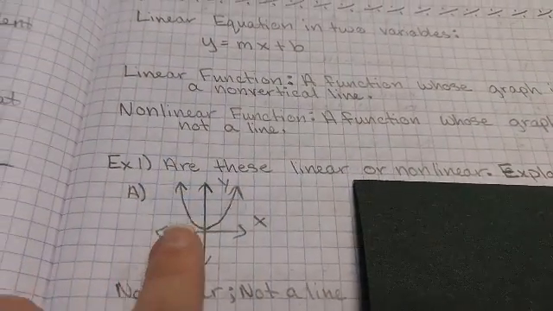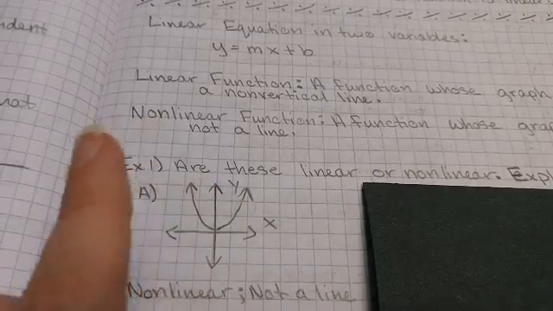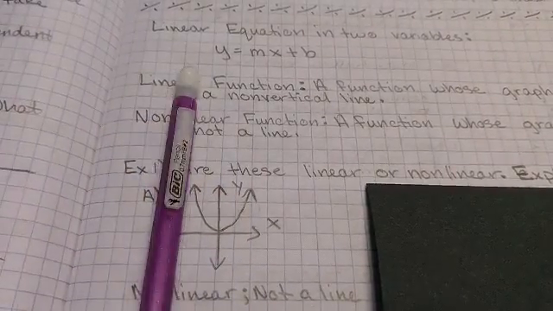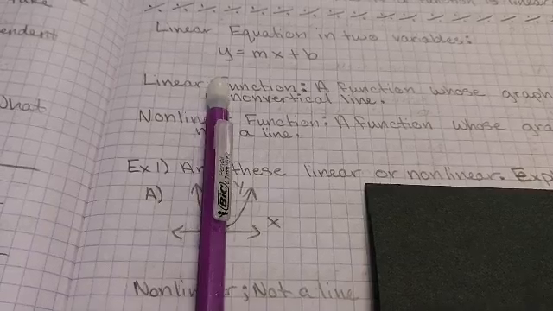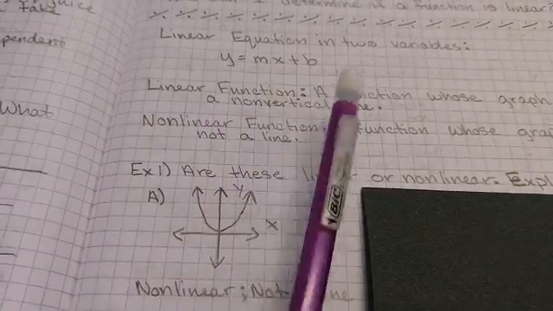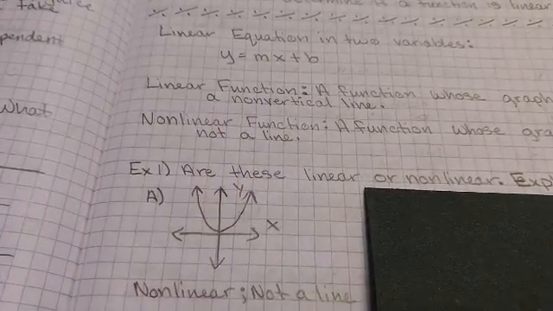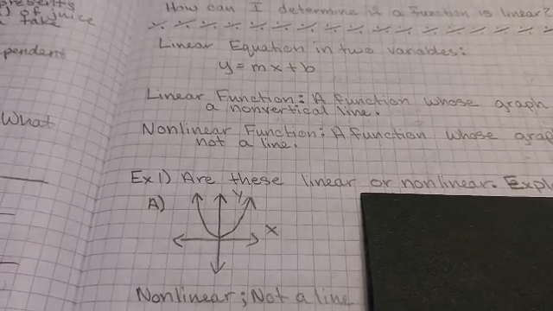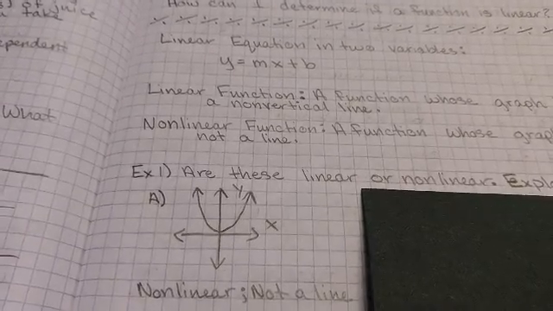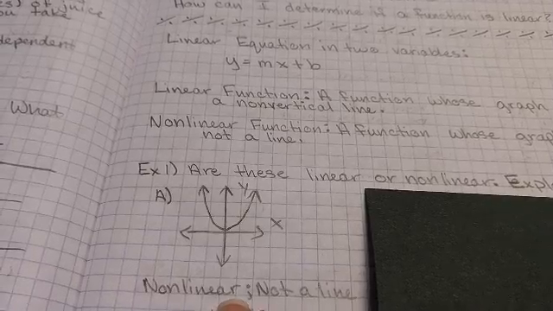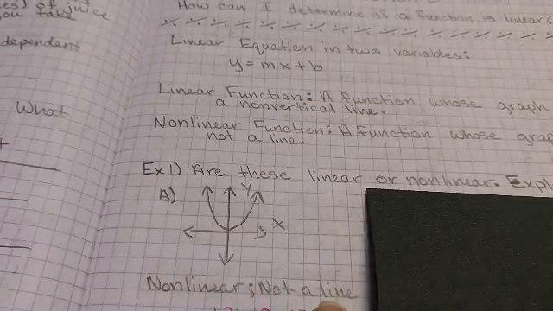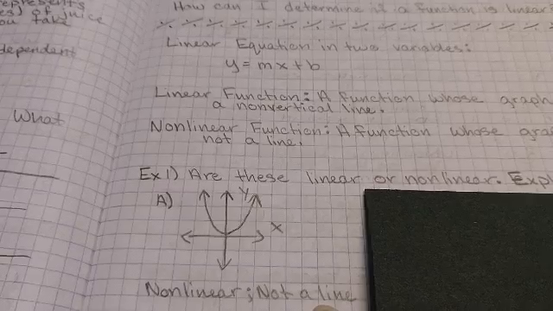It is a function because if I take a vertical line and go across it, it's going to only hit one point at a time. So it is a function, but we want to know if it's a linear function or a nonlinear function. It's a nonlinear function because it doesn't form a line. And if it doesn't form a line, then it's nonlinear.